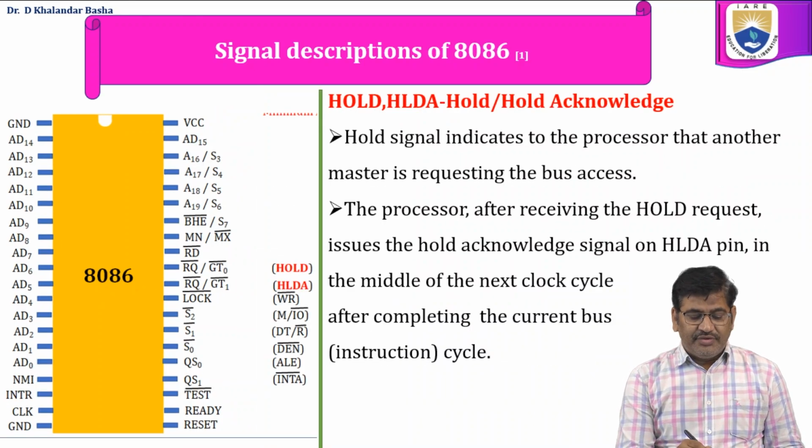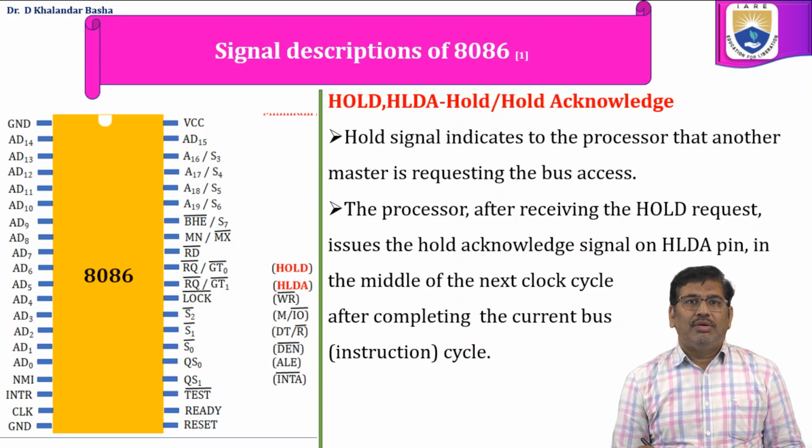The next signals we have are HOLD and HLDA. These are related to minimum mode and the processor for DMA access. HOLD, HLDA, where HLDA stands for hold acknowledgement. The hold signal indicates to the processor that another master is requesting bus access.